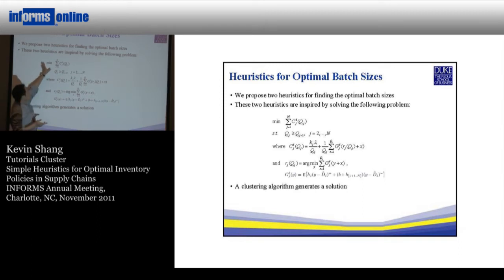But anyway, if we solve this problem, then we get a batch size which may not satisfy the integer ratio constraint, so we have to do some treatment to it. But we have a way to convert the solution into one that satisfies the integer ratio constraint. So this is where the heuristic for Q comes from.